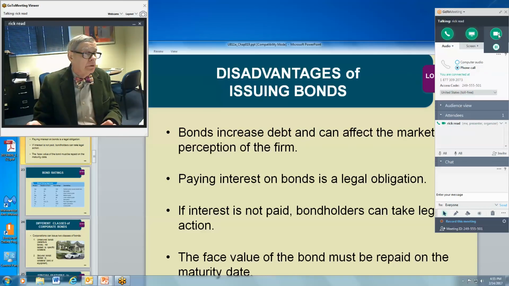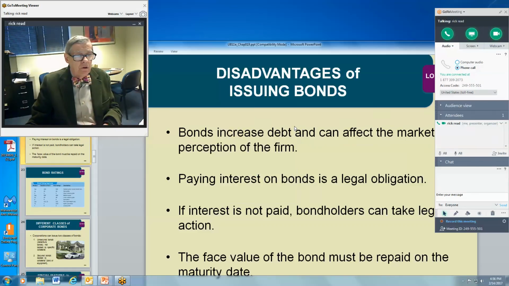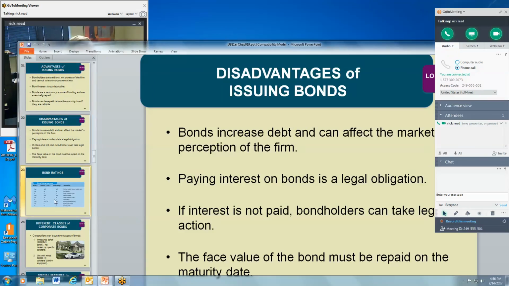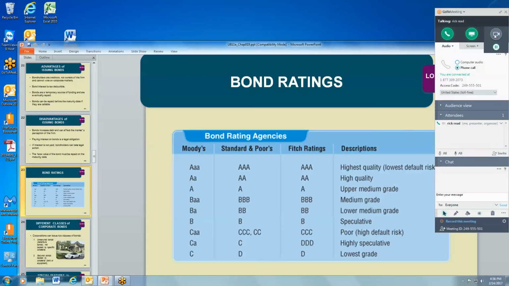Obviously, if you don't pay the interest, the bondholders can take you to court. And the face value, as I've said before, has to be paid on maturity date. Now, of course, you can negotiate and have callable bonds and certain things of that nature. But that is something you really have to pay attention to, because that's not something you're going to get away from.